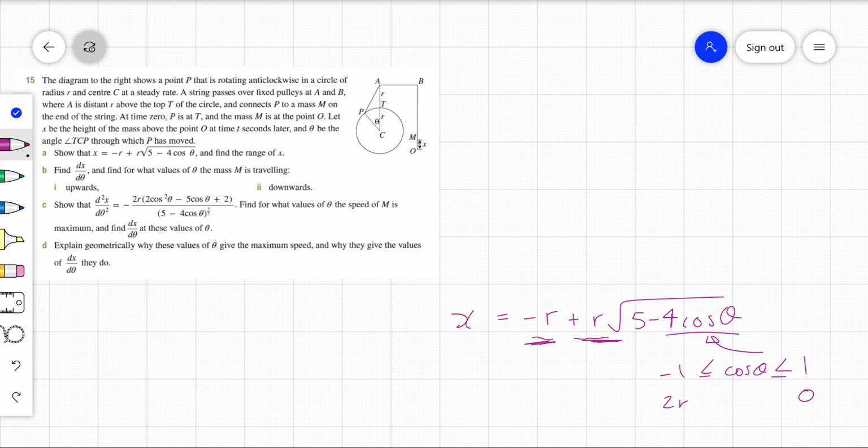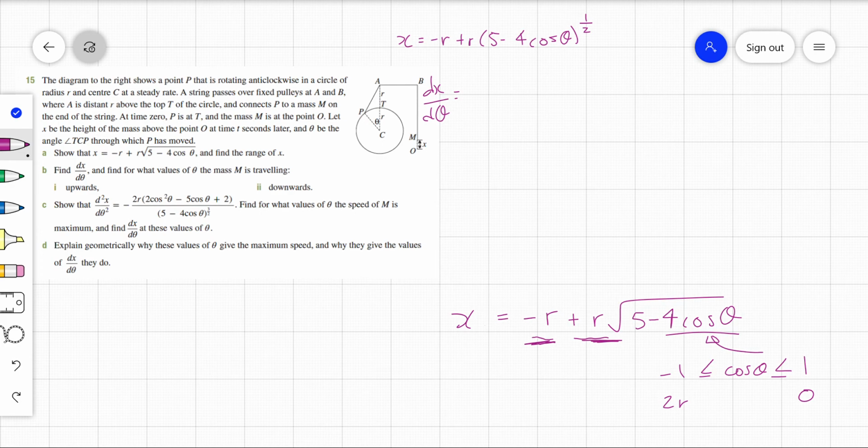That's X there. Okay, so if we want to differentiate that, we want dx by d theta, well, let's first write X in index form. So we've got -R plus R times (5 minus 4 cos theta) to the power of 1/2. So if I want to find dx by d theta, of course that -R goes to 0.